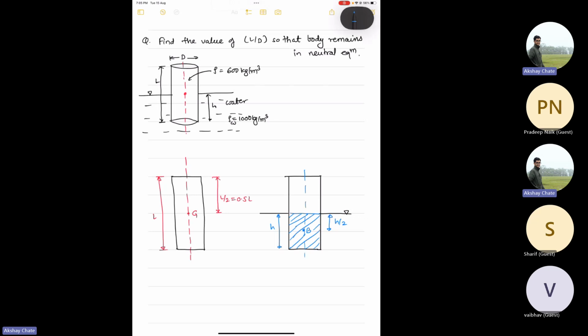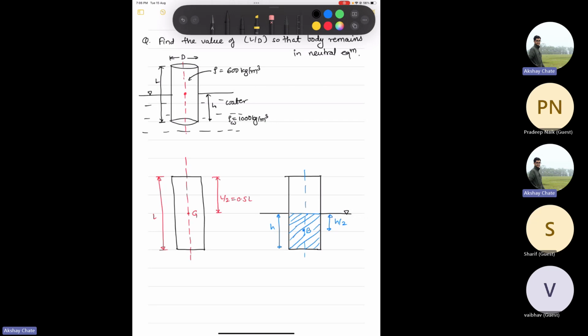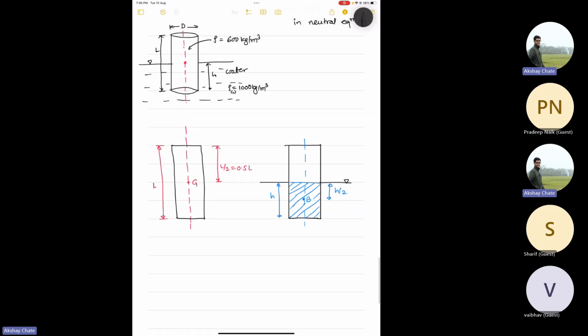Now in any question regarding the buoyancy, first you use the Archimedes principle. So Archimedes principle says, whether body is submerged fully or partially, the buoyancy force will balance the weight of the body, and the buoyancy force will be equal to the weight of the fluid displaced.